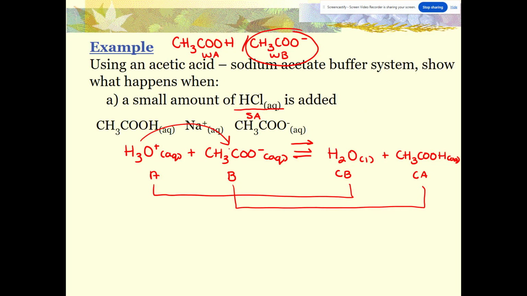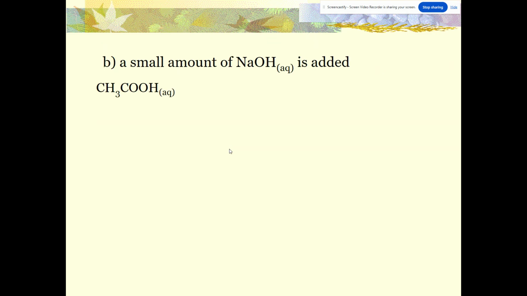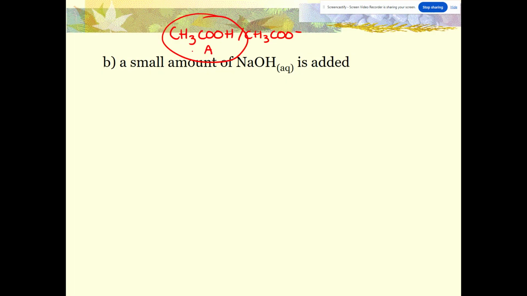And then if I add, so this is just showing again, you could just list everything present, pick your strongest acid and your strongest base, and react them. If I add a small amount of sodium hydroxide to my system of acetic acid and its acetate ion, this time the acid portion, that's my weak acid, is going to neutralize the hydroxide that we've added.